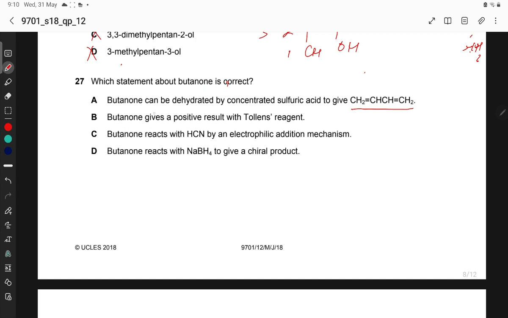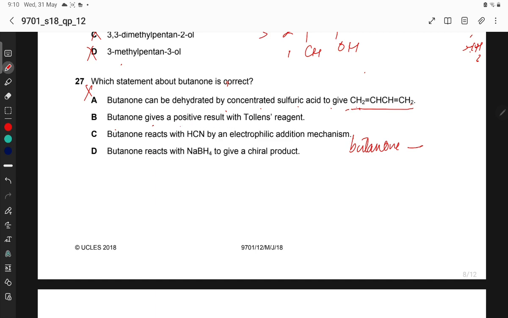Butanol cannot be dehydrated to form an alkene with this compound, so that's why it is incorrect.